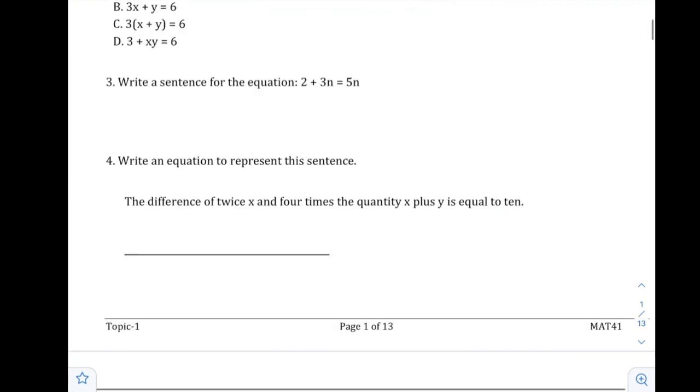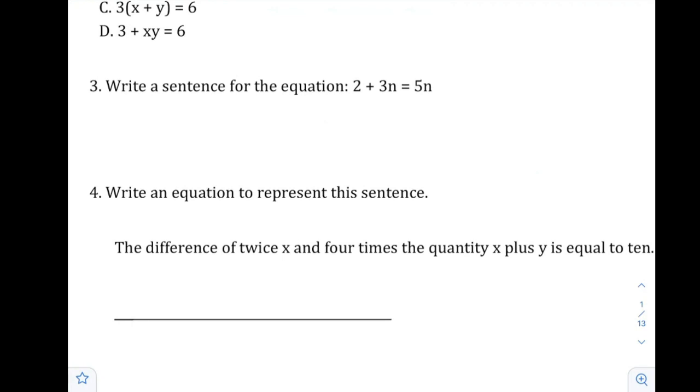Write a sentence of the equation 2 plus 3n equals to 5n. There are many ways to write the sentence here. Let's choose one of them. We can say 2 plus, or added to, or increased by, all of them are correct, 3 times a number, or you can say the product of a number and 3.